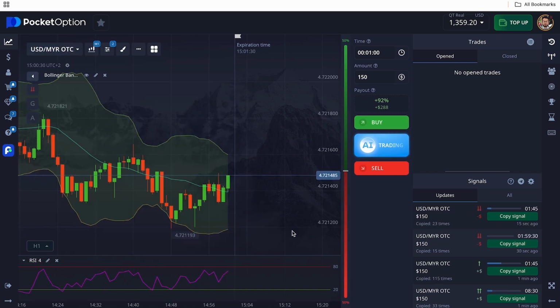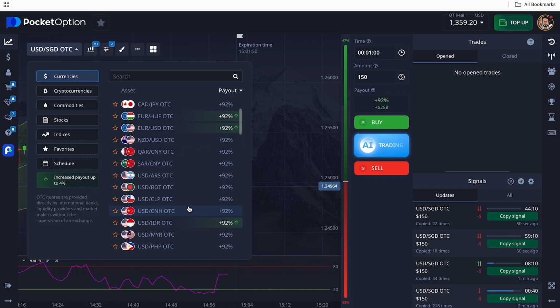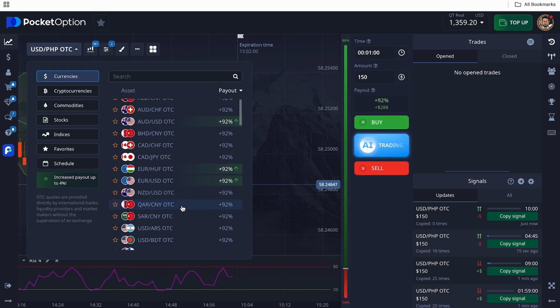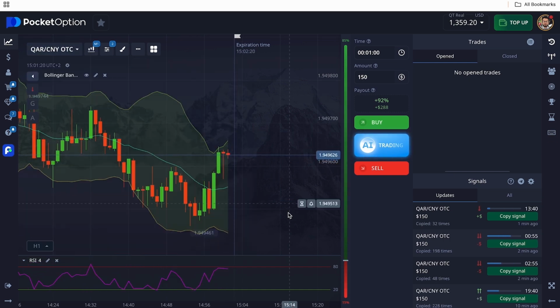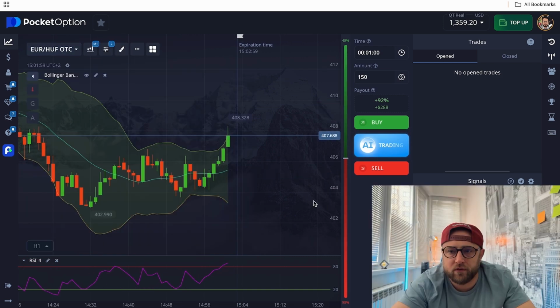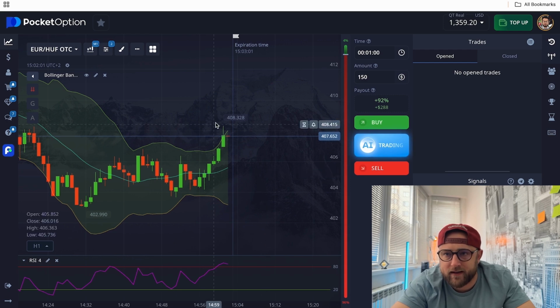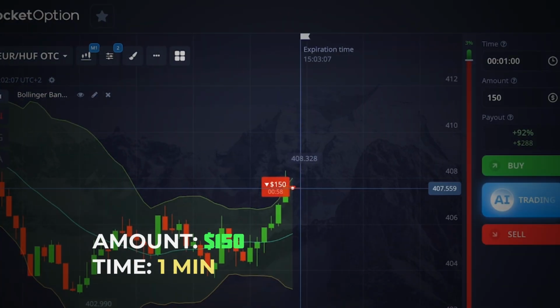I want to see something clear. 100% entry point. No. We'll play safer now. Oh yeah, I like this. I like this entry point. Another trade for sell for $150.